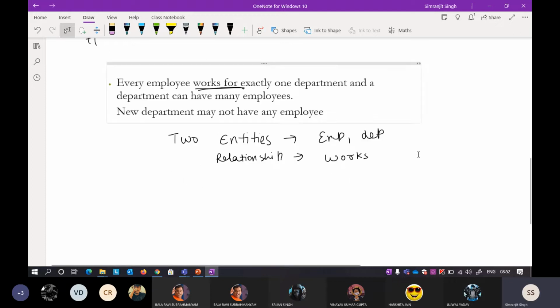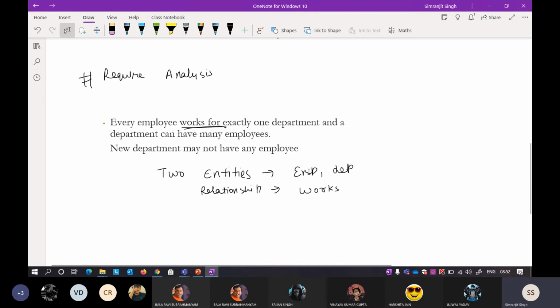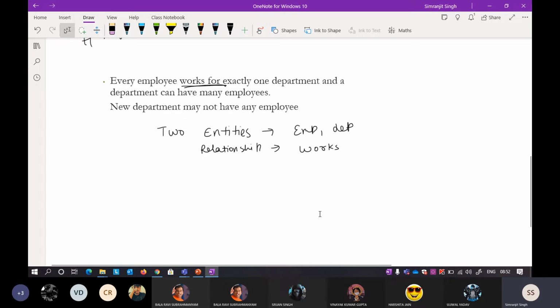Still, if you have any kind of doubt, let me know, because again this is a very important concept. If you do not understand it, it will be difficult for you when I come to the conversion part. Converting any entity to a table will be very difficult for you. Again, if you are watching this in a recorded session, you can post any queries by email or anything.